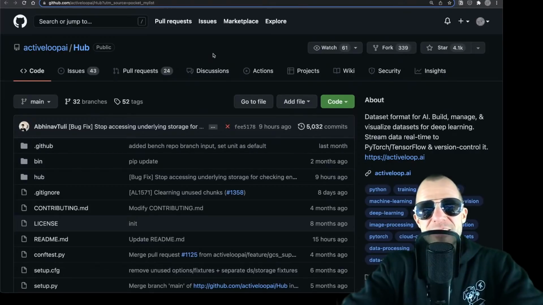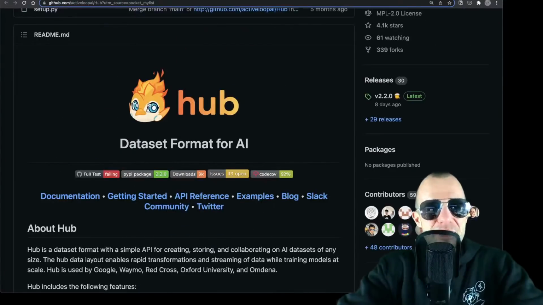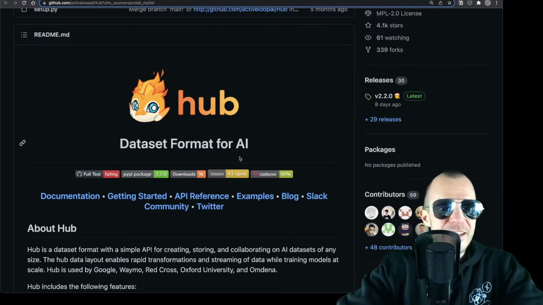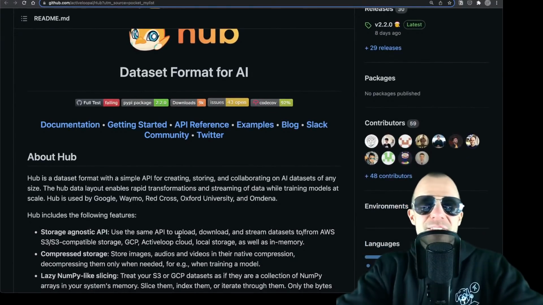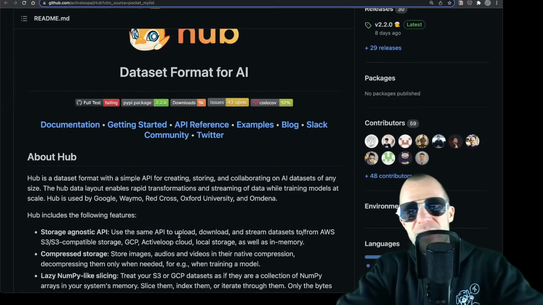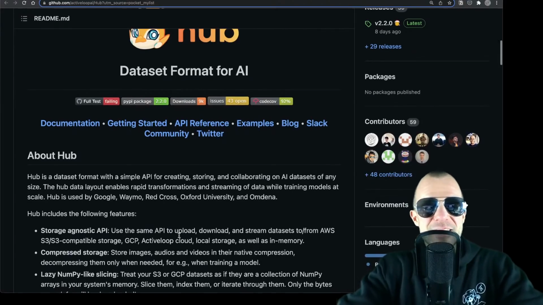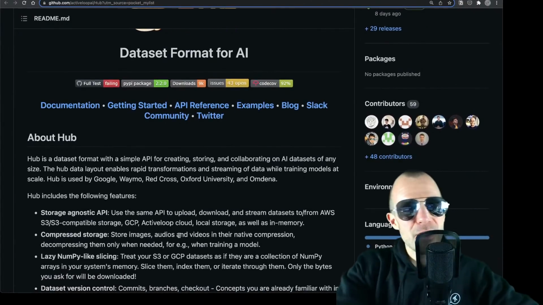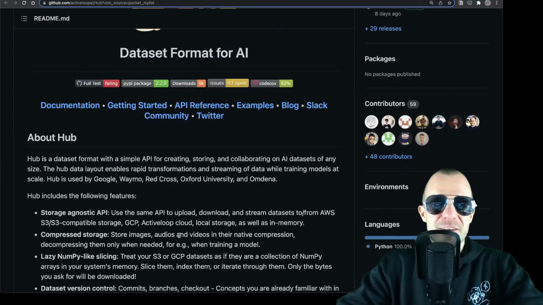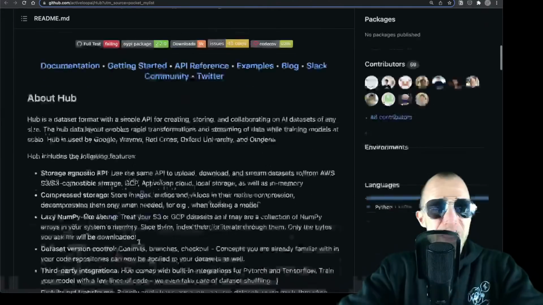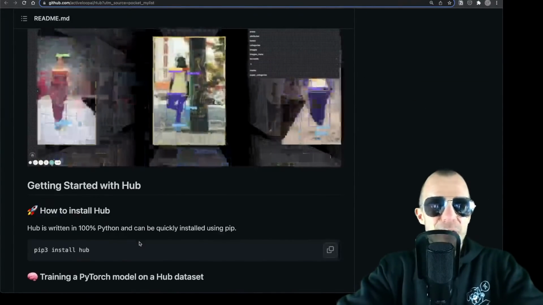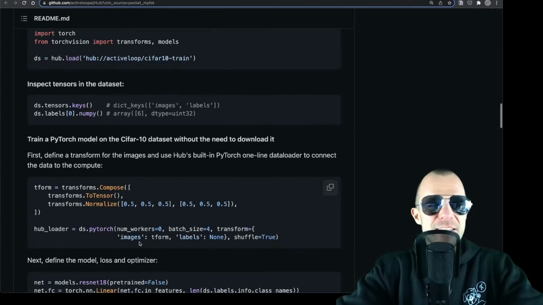Active Loop has developed this hub, which is supposed to be a dataset format for AI. This reminds me of this XKCD comic where they go, there's 16 different standards for data transmission. Let's develop one that unifies them all. And then it's like 6 months later, there's 17 different standards for data transmission. It is a common interface for data sets.